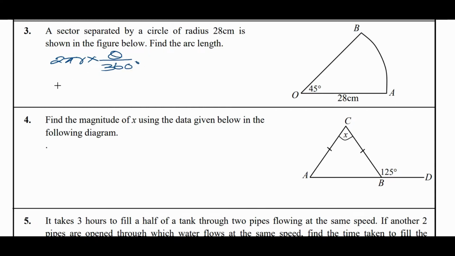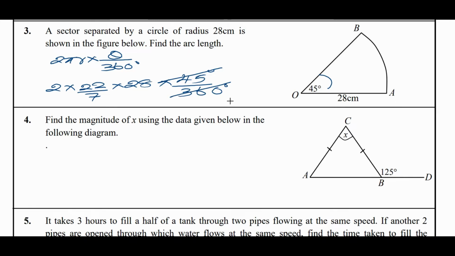Substituting values: 2 into 22 over 7 into r, the radius, which is 28 centimeters, into theta, the center angle, 45 degrees divided by 360 degrees. Then you can simplify this.